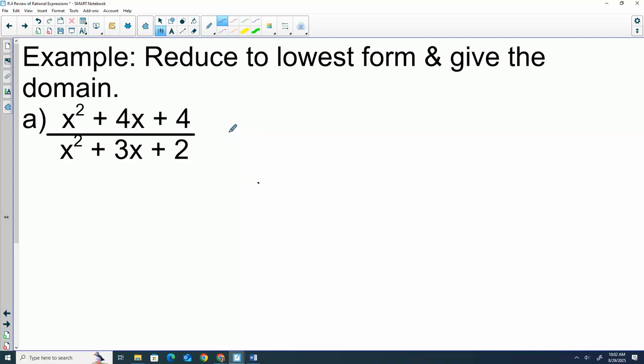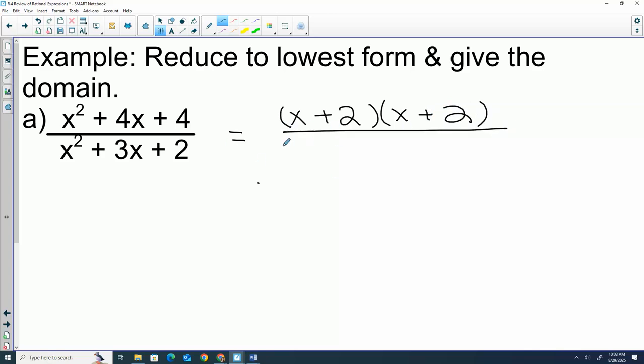That's where our factoring comes in. So we're going to factor top and bottom. What numbers multiply to 4 and add to 4? Okay, so that's x plus 2 and x plus 2. All right, on the bottom, what multiplies to 2 and adds to 3?